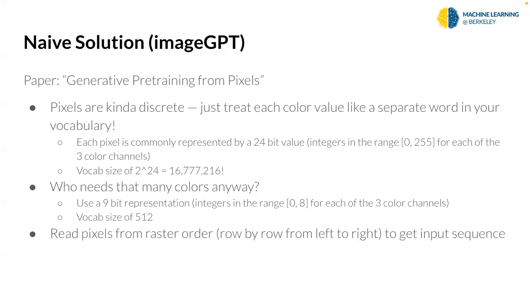But the next kind of weird thing that we do to make this paradigm align with what we've previously done is we read pixels in raster order. We go row by row from the top left corner all the way to the right, then to the next row down, all the way from the left to the right, so on and so forth, in order to get our input sequence. So it's kind of like we took this 2D image, flattened it into a singular vector, and then trained almost like a text transformer on that.